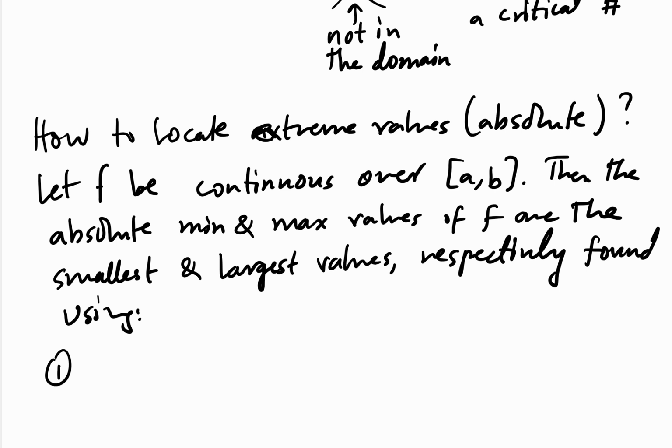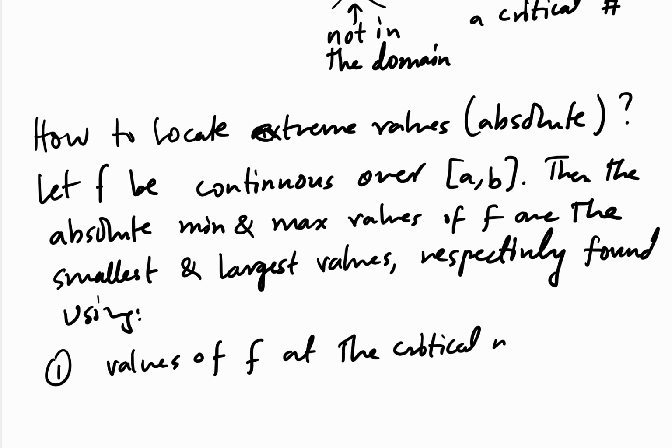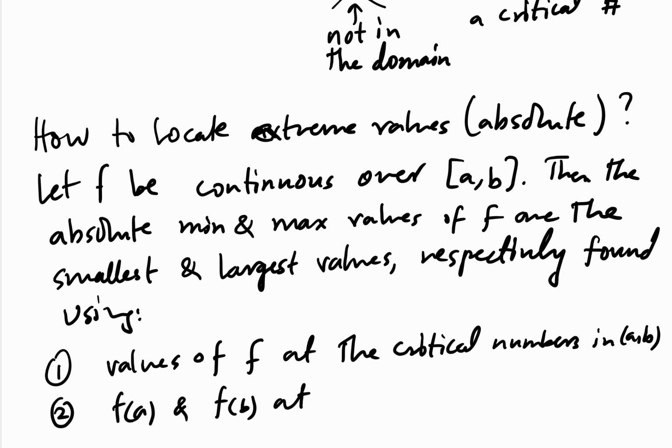Part 1, the values of f at the critical numbers in the open interval (a, b). And part 2, we find f of a and f of b at the endpoints. Whichever gives us the highest value, that would be the absolute max. Whichever one gives me the lowest value, that would be the absolute min.